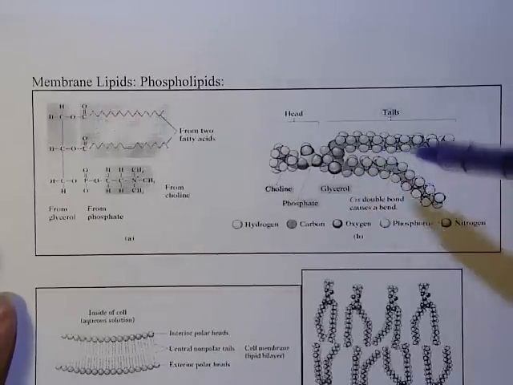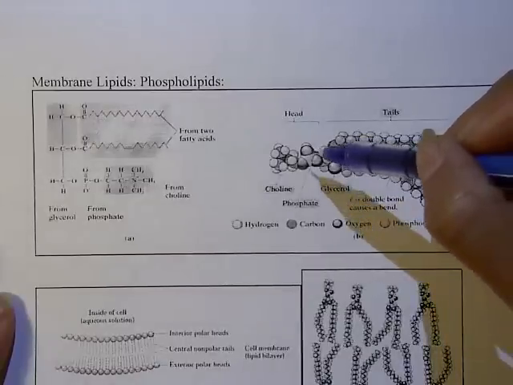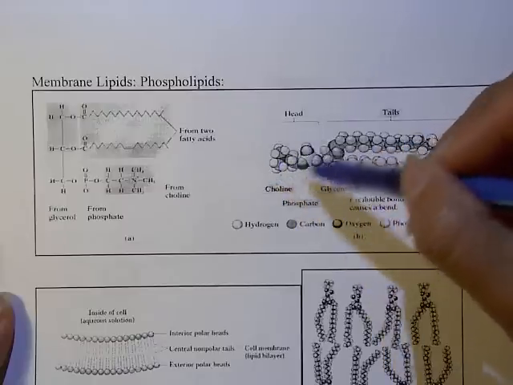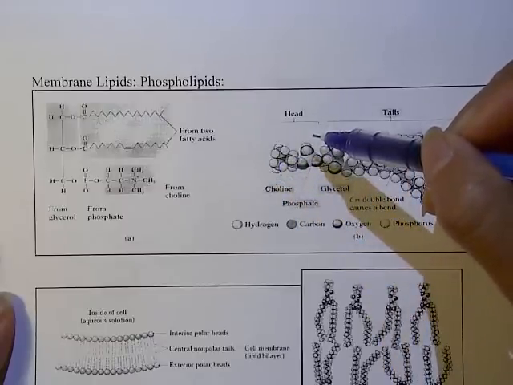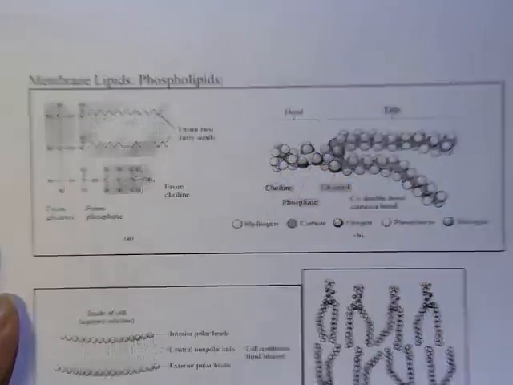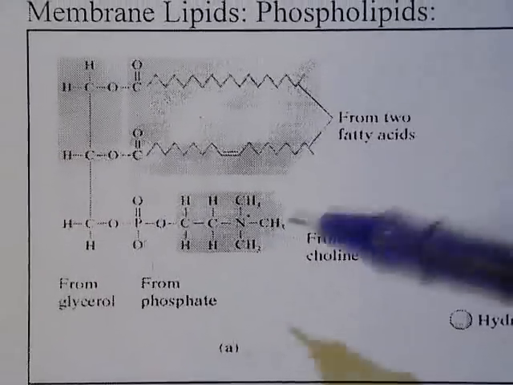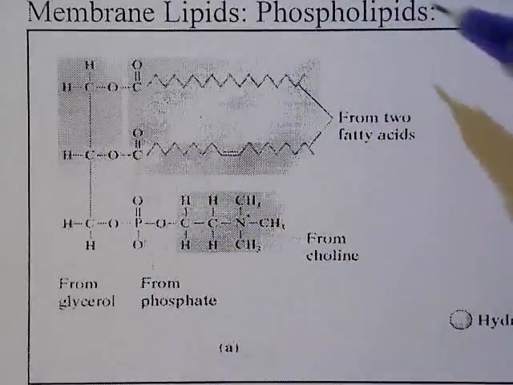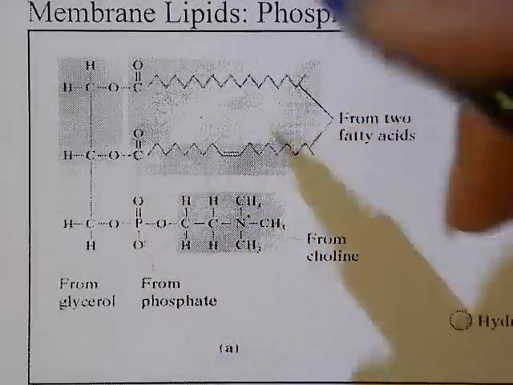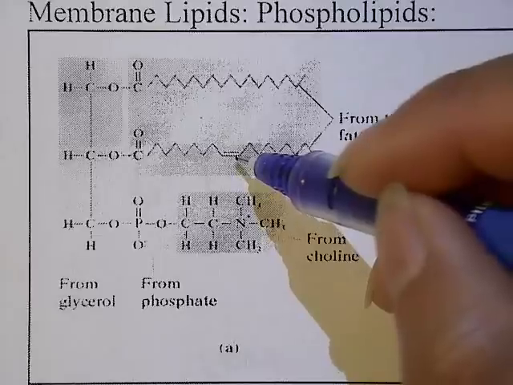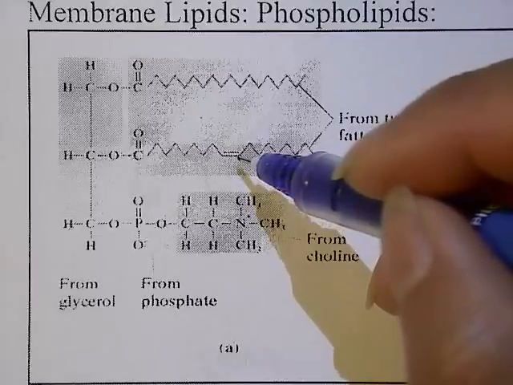And then it has a polar region with charged compounds. If you look at the drawing of the structure, these are the two tails, and one of the tails has a double bond. So there's a little kink to the tail.